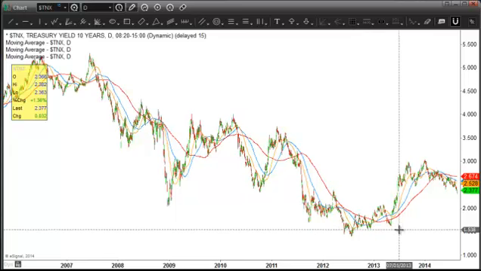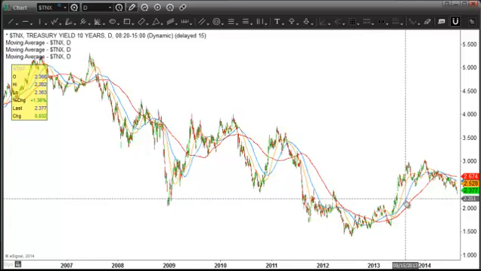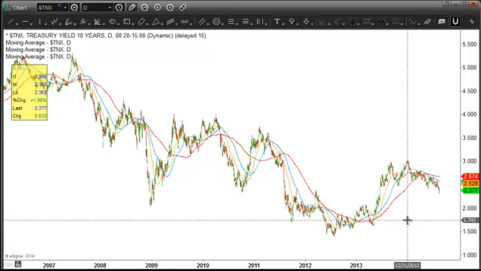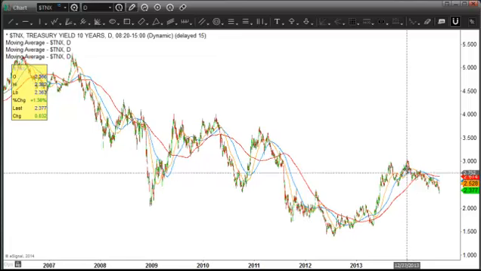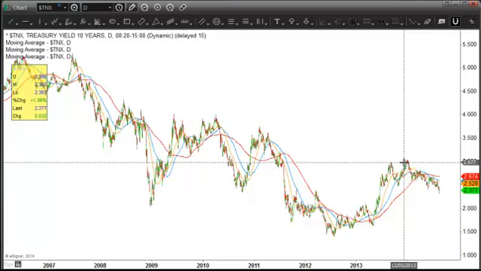In 2013, however, bond yields started to climb until they topped out right in December, and have ever since started to trickle down.